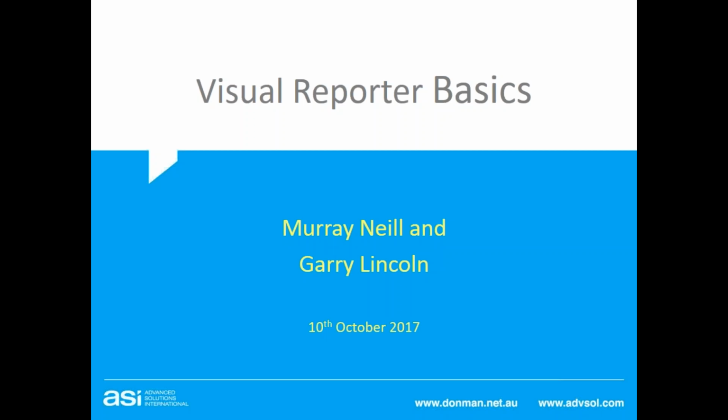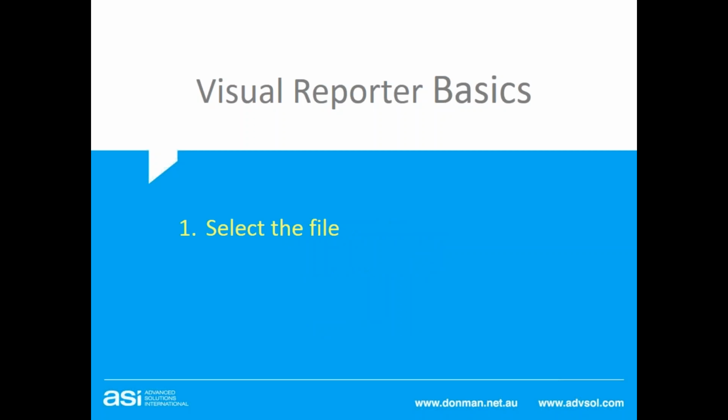Now, essentially there are 4 basic steps to producing a report in Visrep. The first of those is to select the file. That's going to be the file that's got the basic information that you want. So that could be your donor file if you want information about your donors, or the donation file if you're looking at information about donations. There are pledges, campaign.